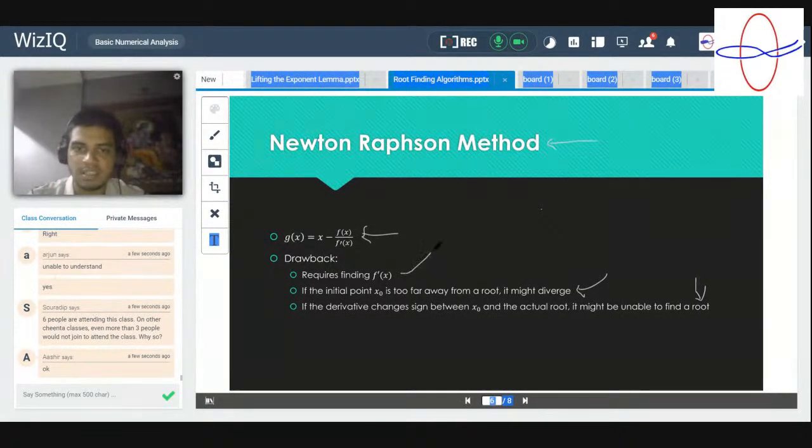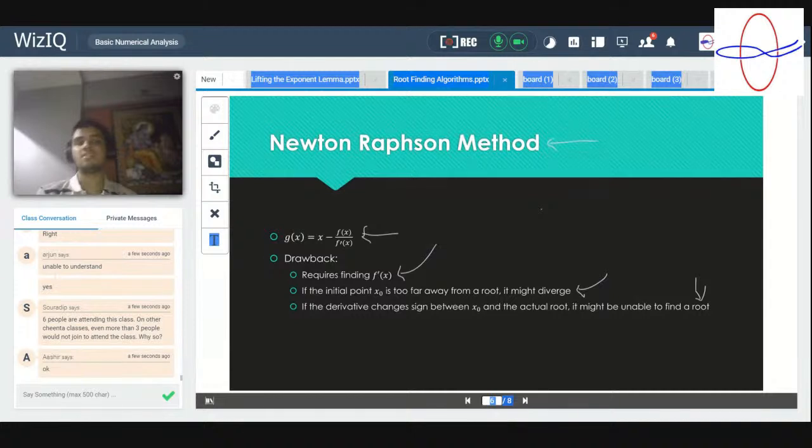The drawback is it requires f dash of x. This drawback should not generally affect you guys, because what you'll be using is generally polynomial equations, where finding the derivative should be easy. Again, this also means that this method cannot be used by people who do not know calculus, but that's a different story altogether.